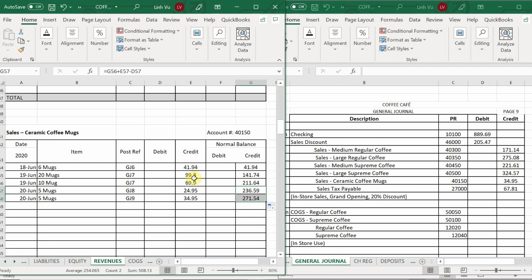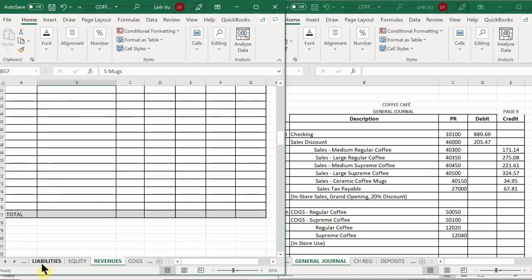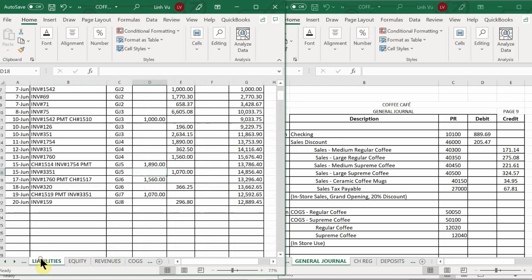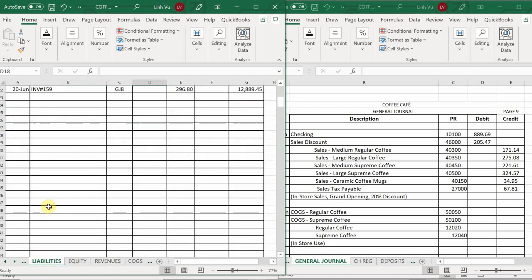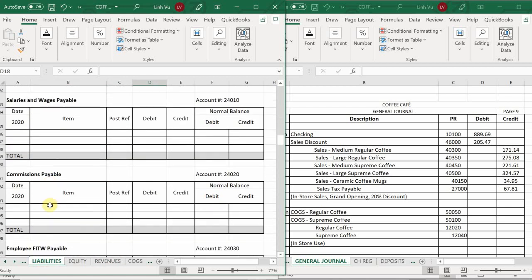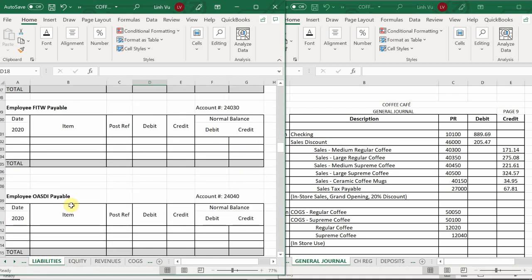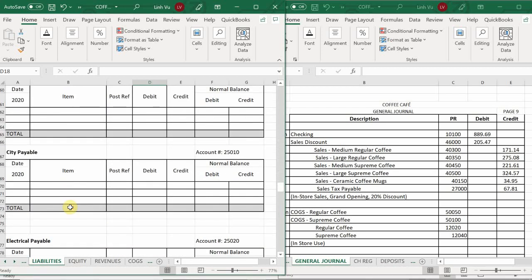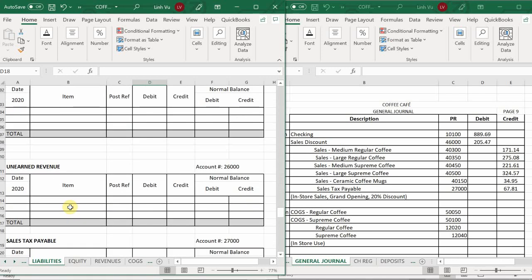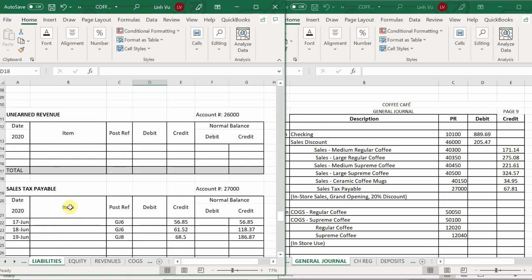Now we're going to the tax. Sales tax, which is a liability. Okay, so liability, sales tax payable. Here you go, sales tax payable.